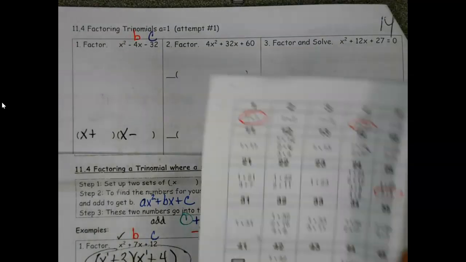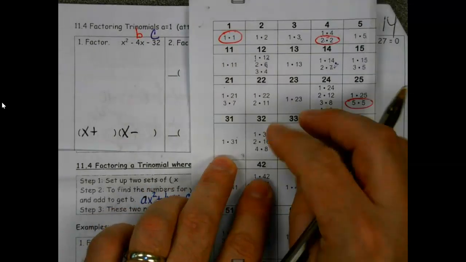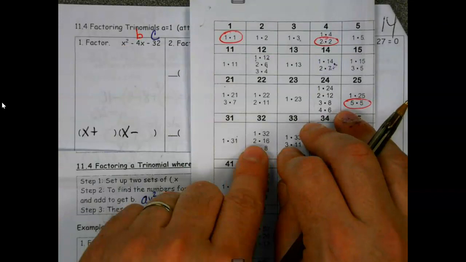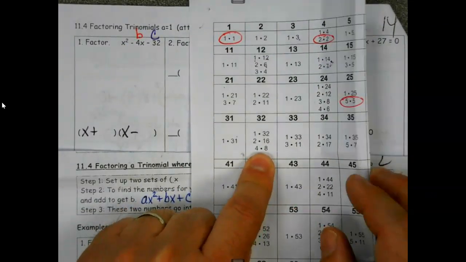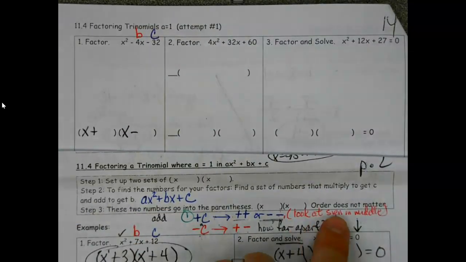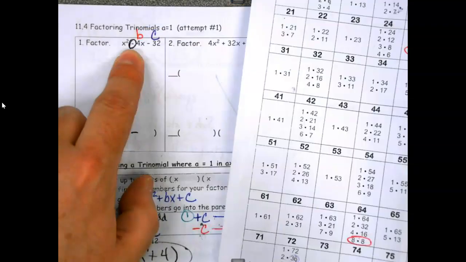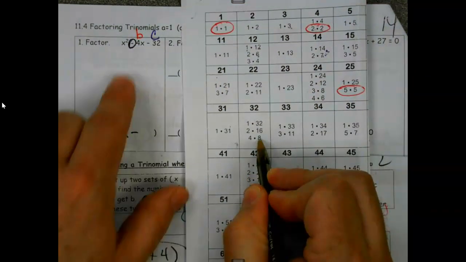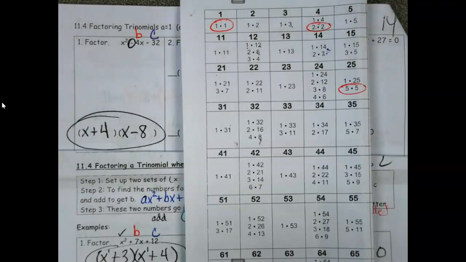Both are perfectly good tools. So find me a pair in the 32 box that are 4 apart from each other. Or an 8. You're like, okay, but which one's which? Does it matter? It does. Well, the bigger number is going to be the sign in the middle. So 8's going to get the negative. 4 gets the positive. We're done.